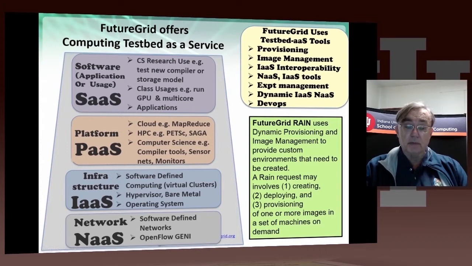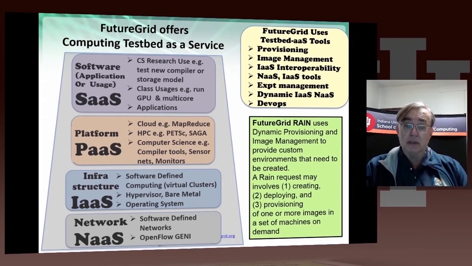We also, as we move towards software-defined systems and working with projects like GENI, include network as a service in this stack because we assume that you're going to be defining virtual clusters at the IaaS and NaaS environment, or maybe I should even say virtual grids. Then you'll put your platform as a service. This has classic cloud platforms like MapReduce, where we put the high-performance computing platforms with SAGA or PETSc, the well-known HPC library here.